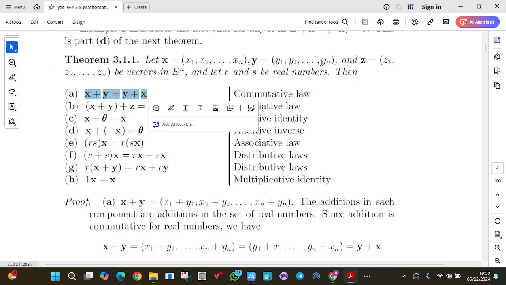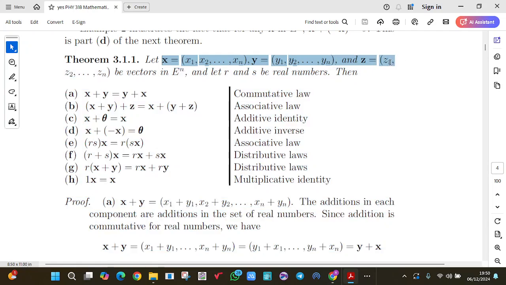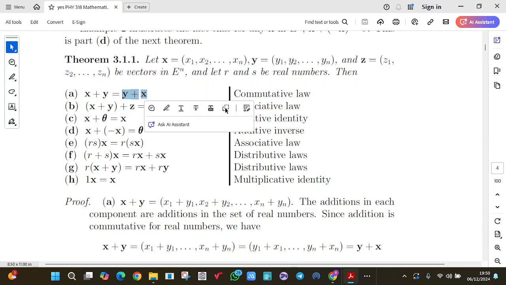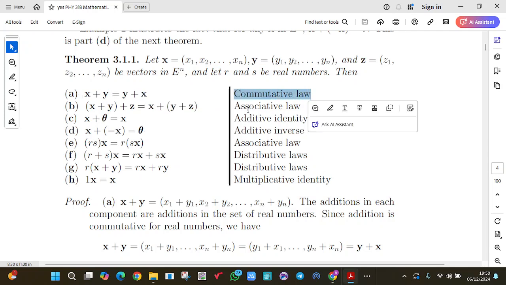So x, y, z are all elements, right? Given this, prove that x plus y is equal to y plus x. Either I say prove this or I say prove the commutative law, or I can ask you to prove the associative law. For you to prove the commutative law, this is how you go about it. Please follow it very well because the step I now want to take is a little bit tricky.